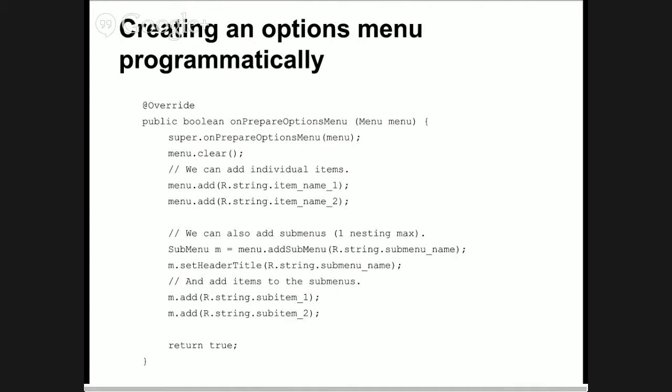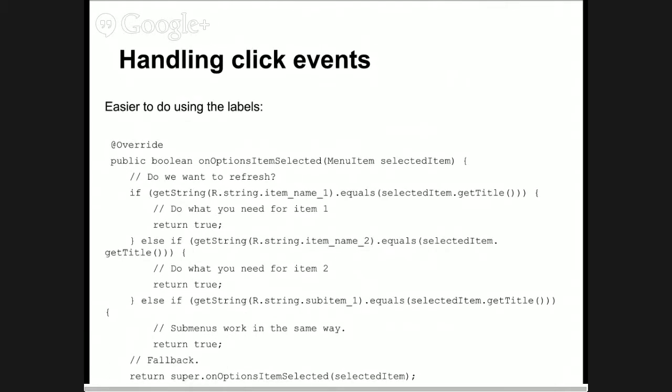And what I've found to be quite easy to do, however, is instead of using the ID, you do selectedItem.getTitle, and so you get the string and you compare the string.